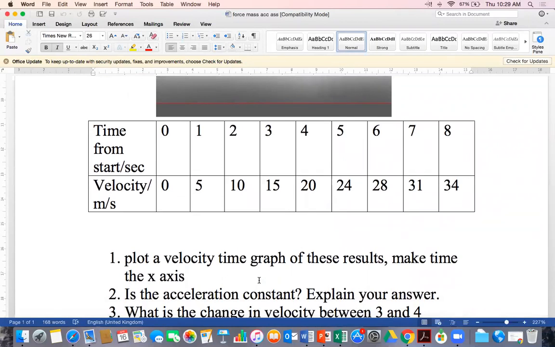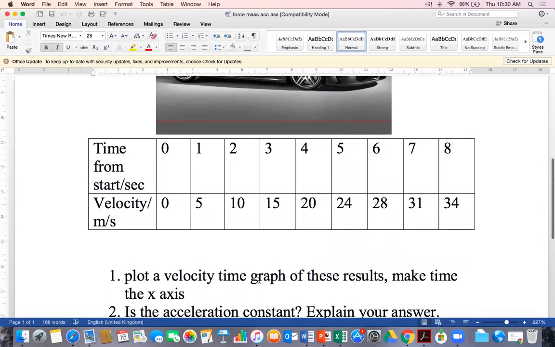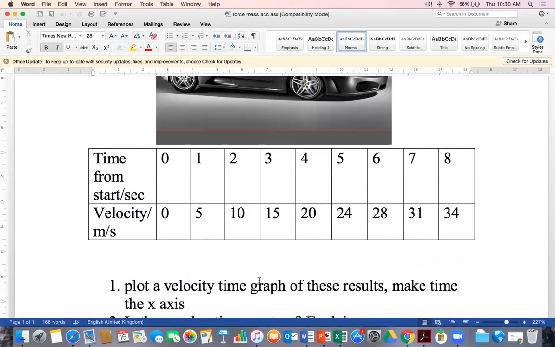Very quickly, can everyone plot a velocity time graph of these results? Make time the x-axis. Once you have plotted the graph, take a picture and send in the group. I want to see.